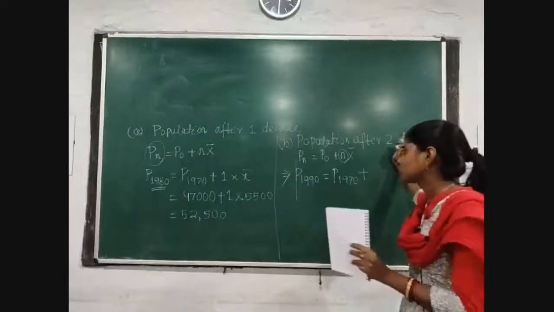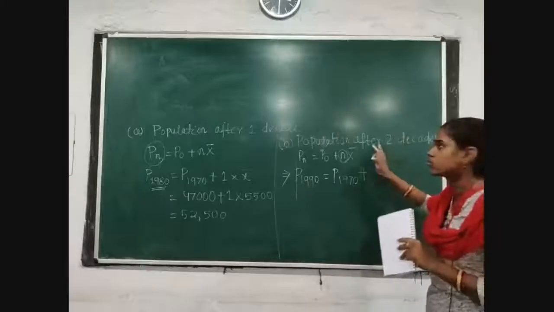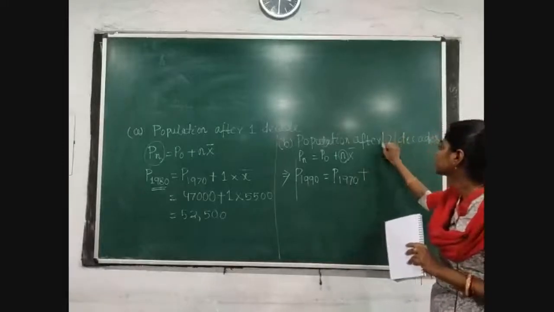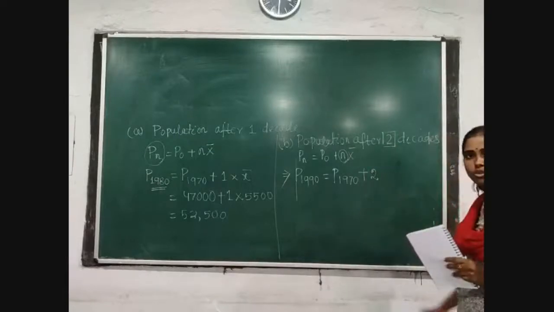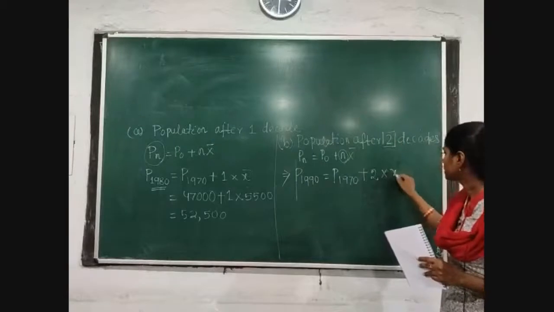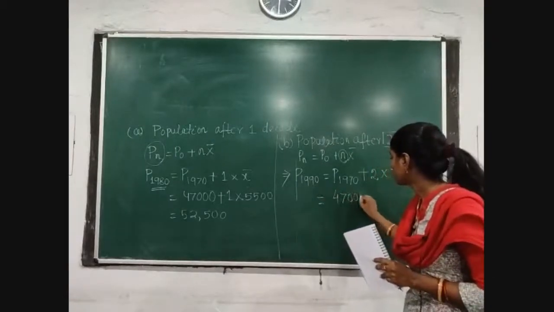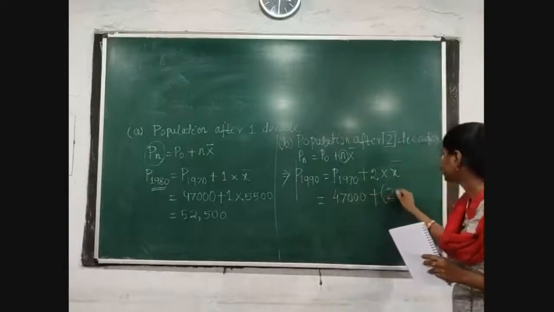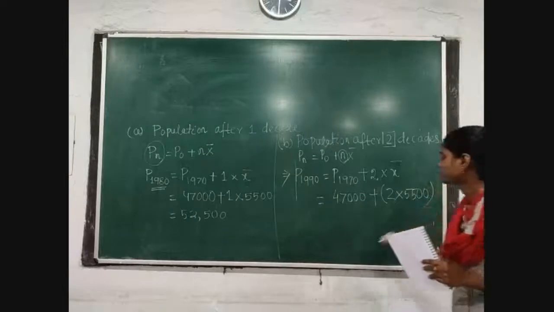The last known decade was 1970, and we need the population after 2 decades, so the difference will be 2, from 1970 to 1990, into x bar. The population in 1970 was 47,000 plus 2 into the same 5,500.